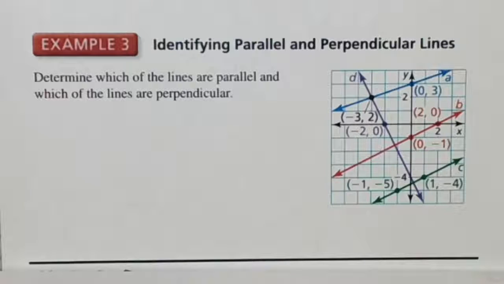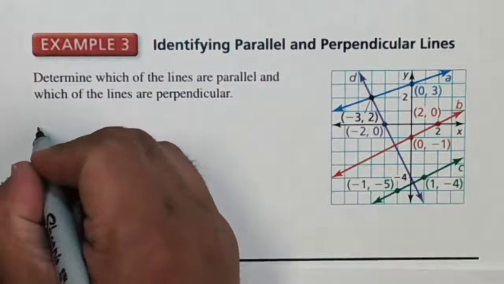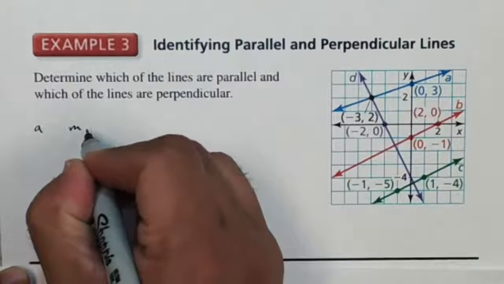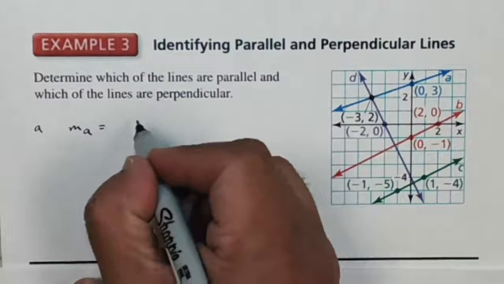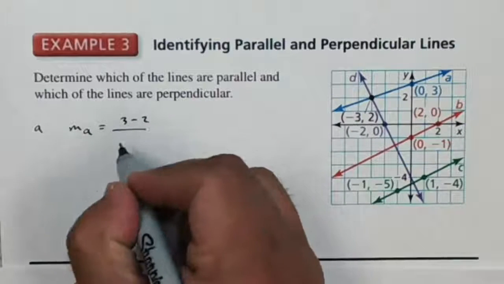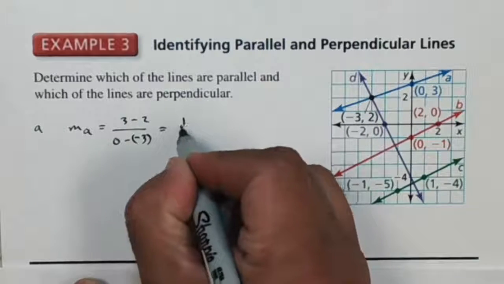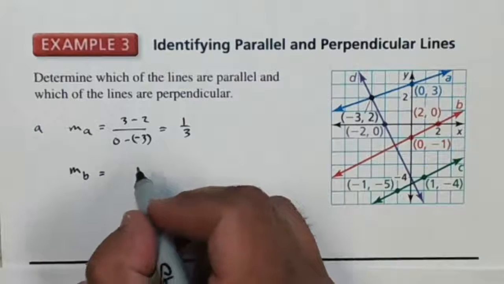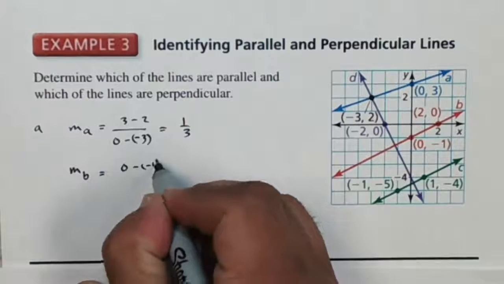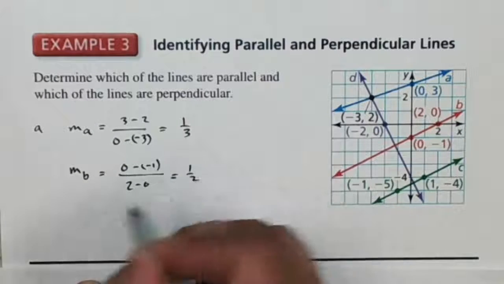So let's look at some lines and see which ones are parallel and which ones are perpendicular. Like we had before, we'll start with line A, and we want the slope of that one. The slope of A is going to be 3 minus 2 over 0 minus -3, which ends up being 1/3. The slope of B is 0 minus -1 over 2 minus 0, so that's 1/2.